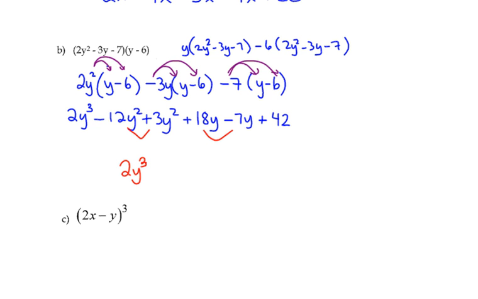Negative 9y squared, good. 18 minus 7, 11y plus 42. So if you did it the other method, did you get the same answer?